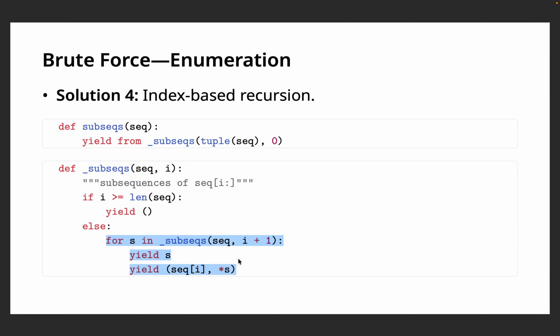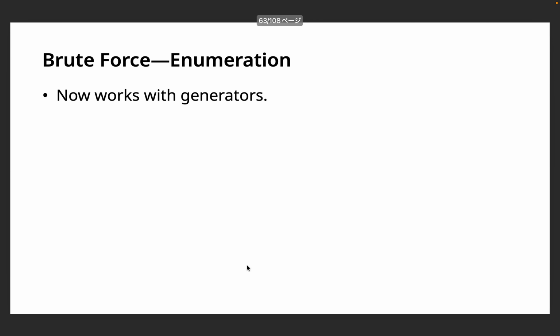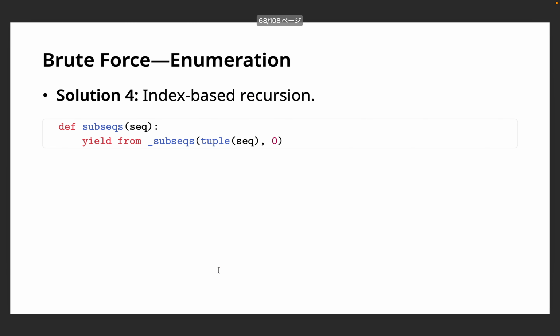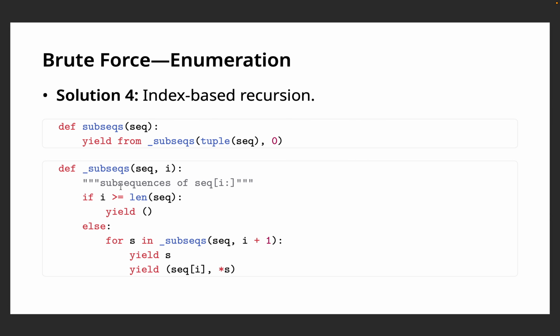Otherwise, we continue generating over here. So here we increment the current index, then this is where we put the stuff from before. That's the same thing as this over here, except this 0 is now I, since the way we defined this recursive function is all of the subsequences from index I onwards. So yeah, that's the index-based recursion.